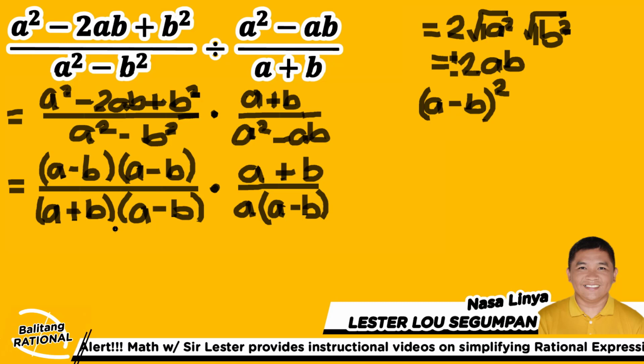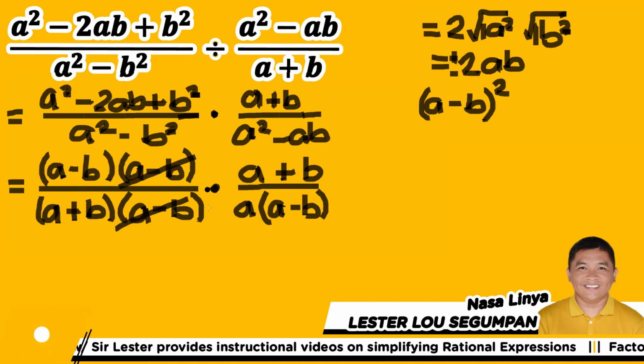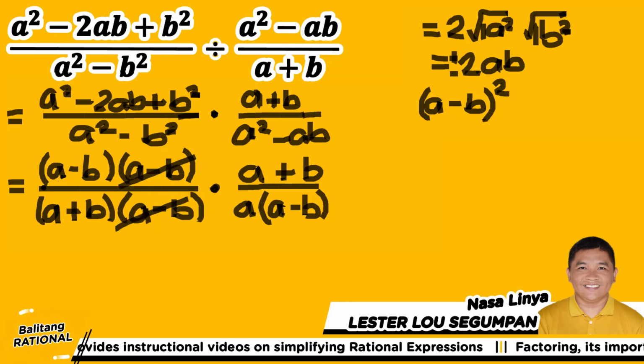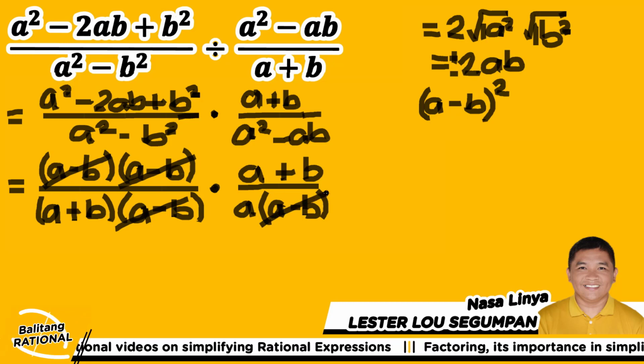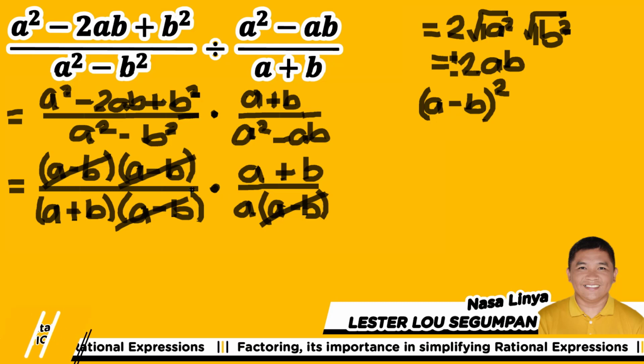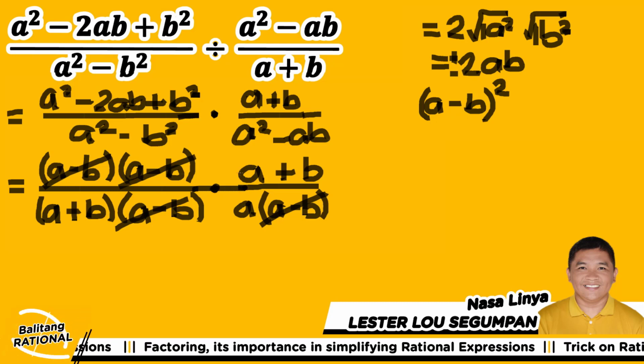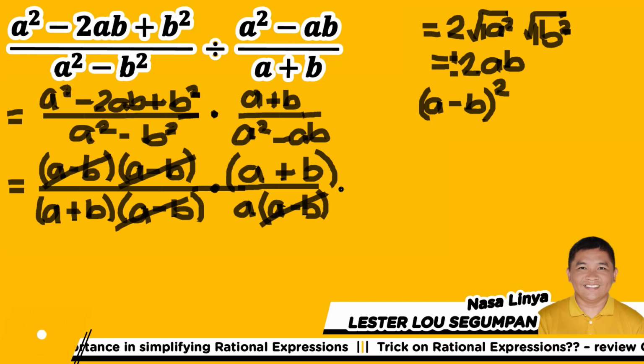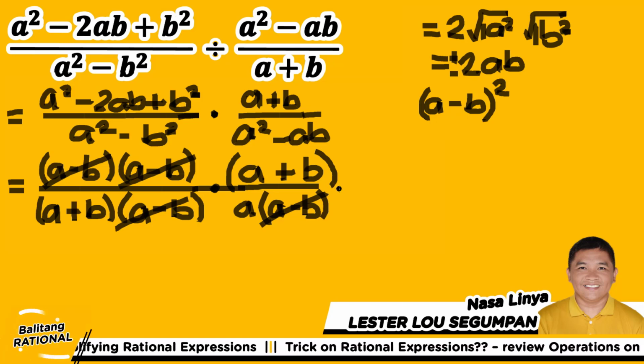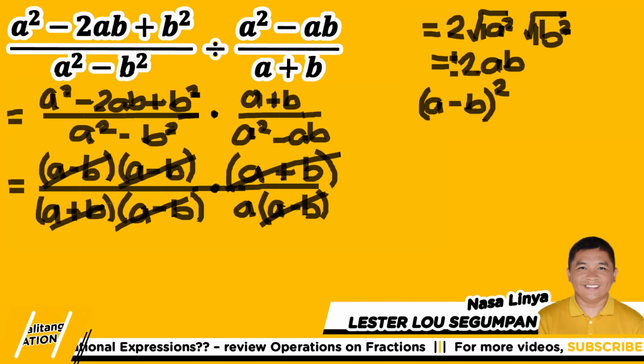Again, as mentioned earlier, pwede po ito. We could cancel that. We could also cancel a minus b here and here because when we multiply rational expressions, lahat po ng nasa numerator ay magiging part ng isang expression where all of them are under multiplication. Same as true with our denominator. Consequently, ito din po ay makakancel dito.